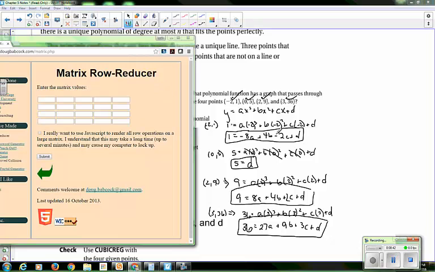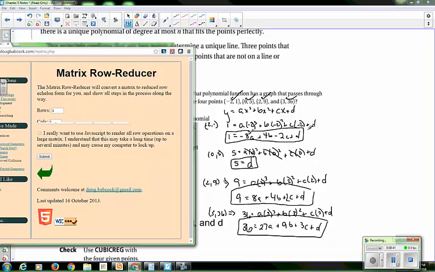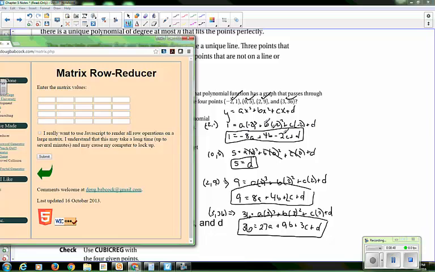Then I'm going to input my a's first, b's second, c's third, d's fourth, and then my numbers last. So this would be negative 8, 4, negative 2, 1, and it equals 1.